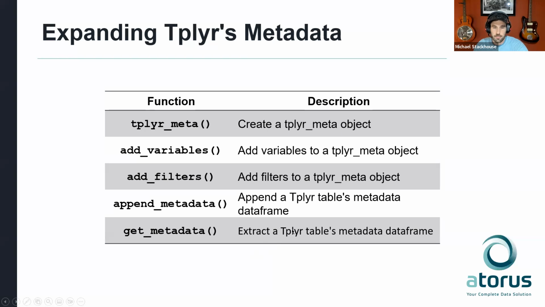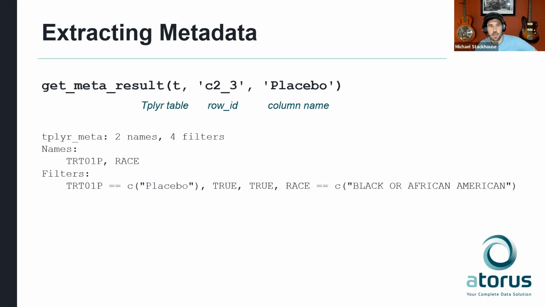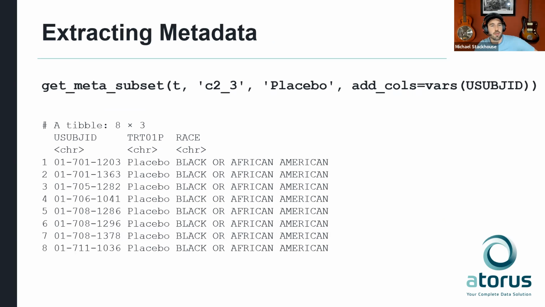And then additionally, the function get_metadata will pull out the metadata data frame from a tplyr table itself, so that you can use this outside of tplyr completely, or pull out tplyr's metadata to work with it outside of a tplyr table. On that note, get_meta_subset and get_meta_result are both S3 methods.